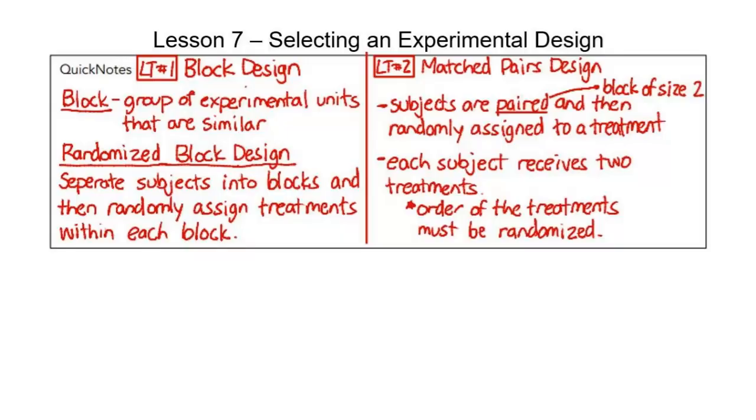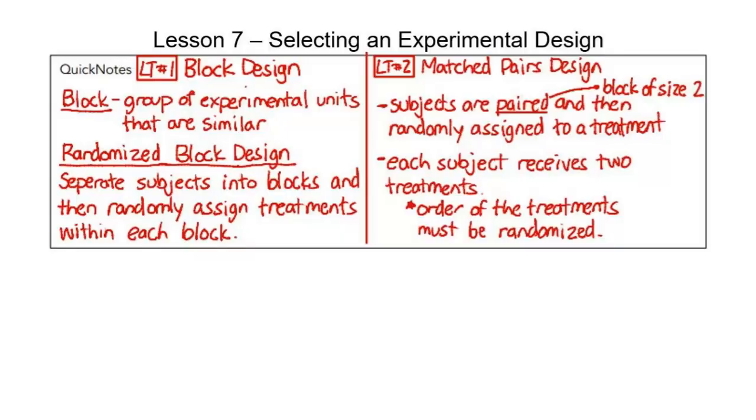But with stratified random sampling, that is how we get the people that are going to be involved. Here we already have everybody that's going to be involved. And we're going to split them into blocks so that we can randomly assign them to the treatments within each block. So we will equally divide the blocks between the treatment conditions.